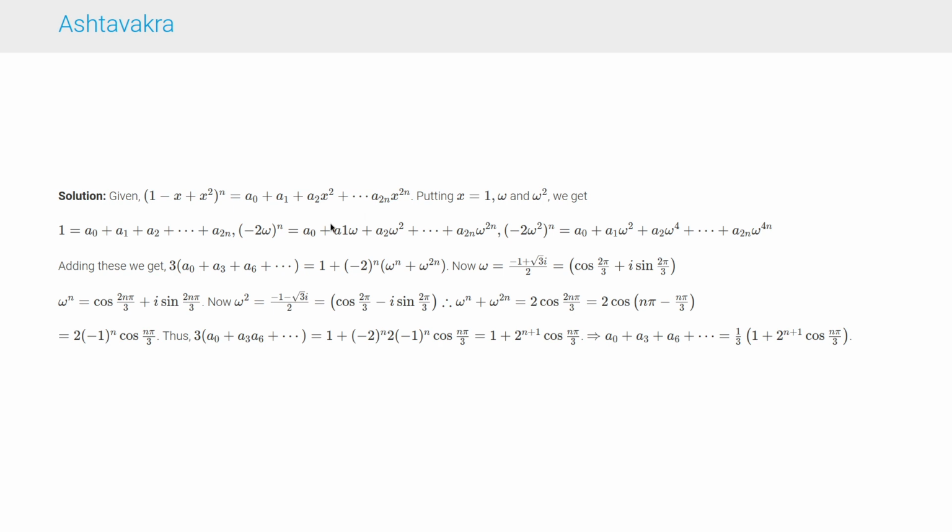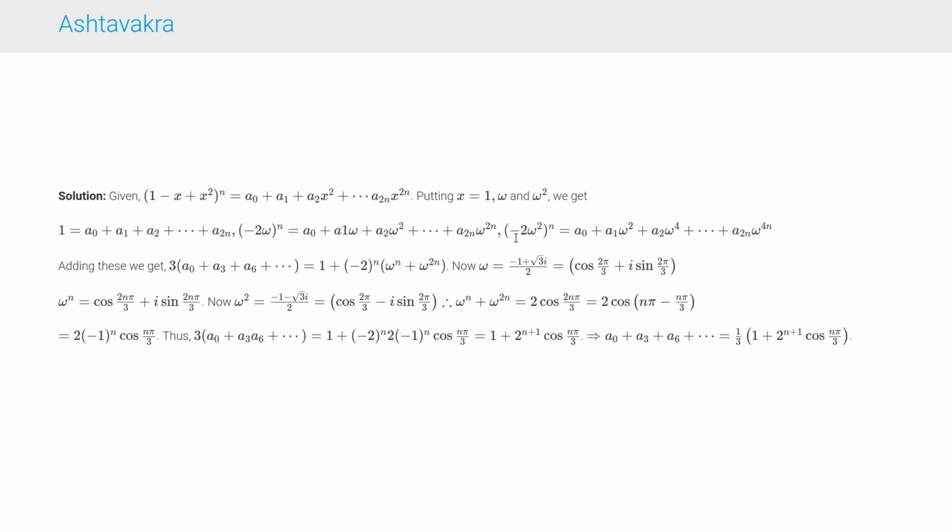When we put omega, this would be 1 - omega + omega², and 1 + omega² is equal to minus omega. So minus omega and this minus omega, that will be minus 2 omega. So (-2 omega)^n is equal to a0 + a1 omega + a2 omega² up to a2n omega^(2n), where a1 is a subscript.